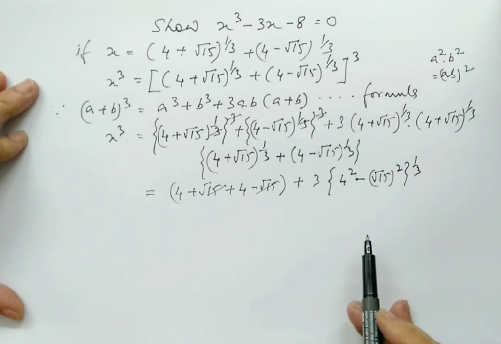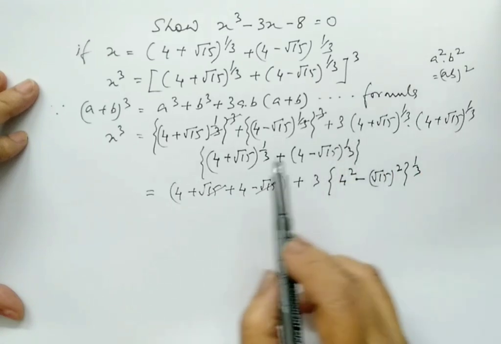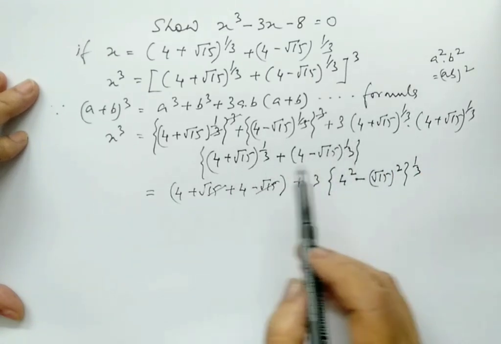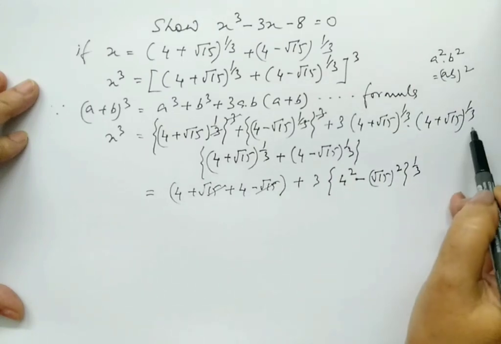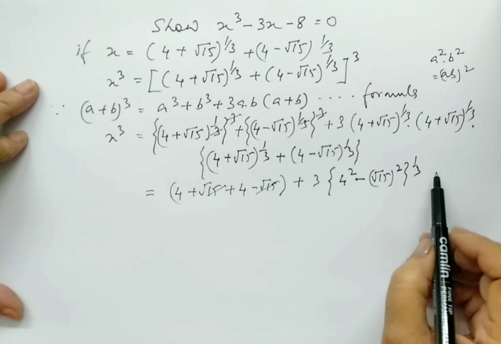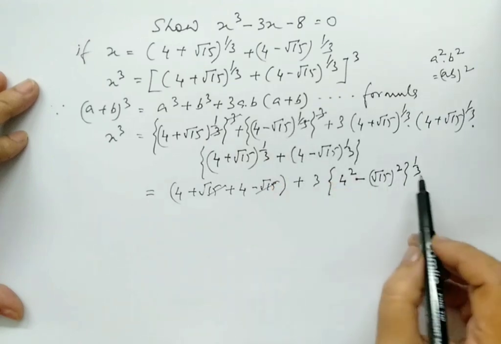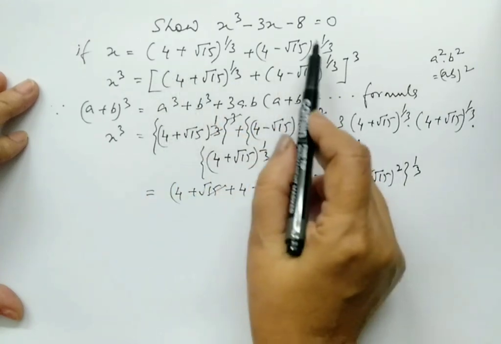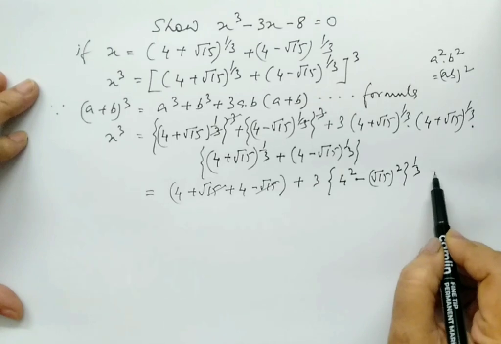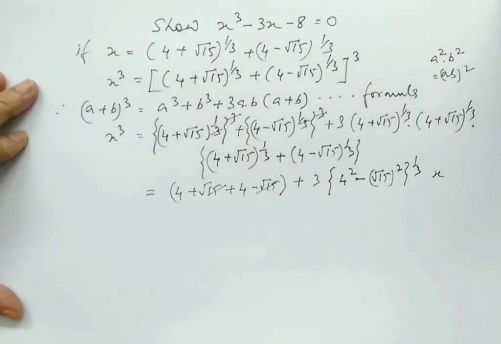Correct? So remember, 3 is multiplied by this and also multiplied by this. So we can put a dot sign here. It means that it is all multiplied. So we can put a small x here for this, because this whole thing is equal to x from here. Got it?